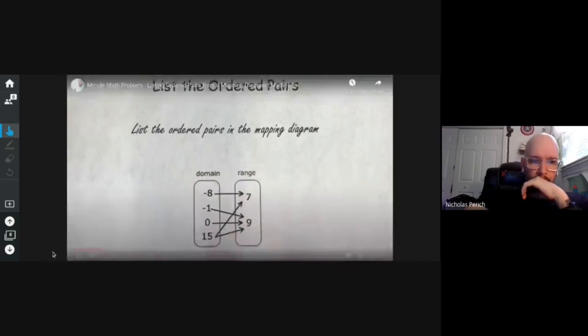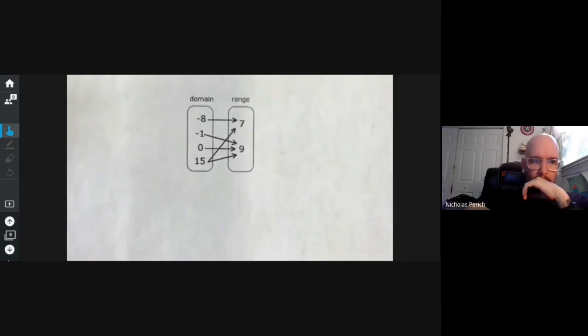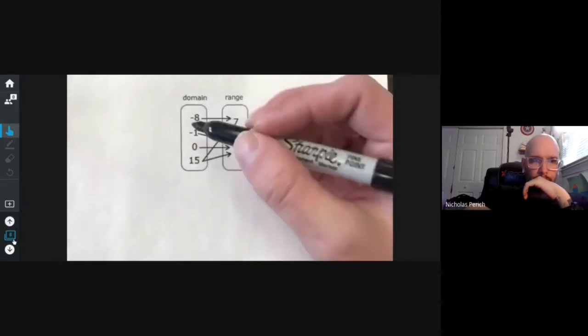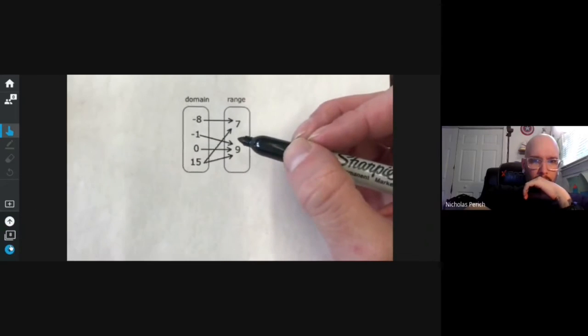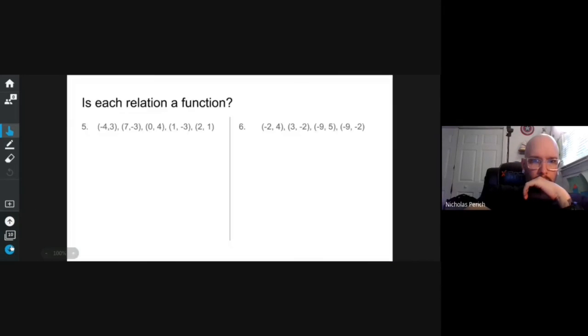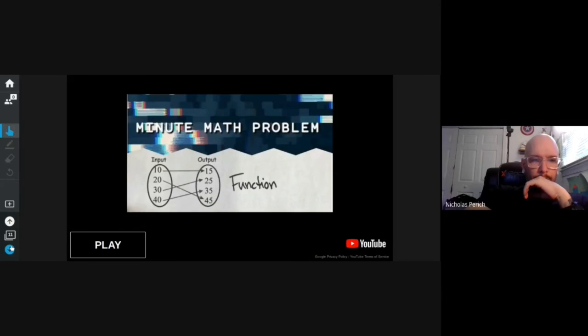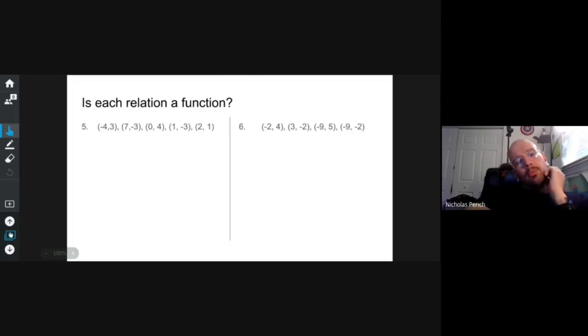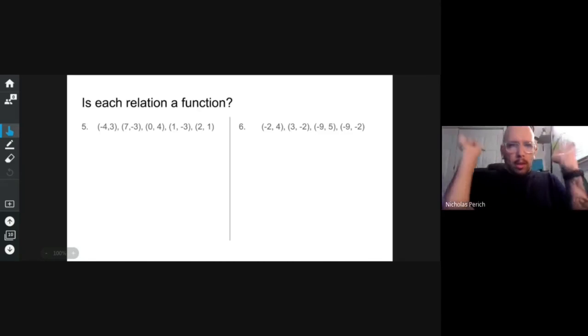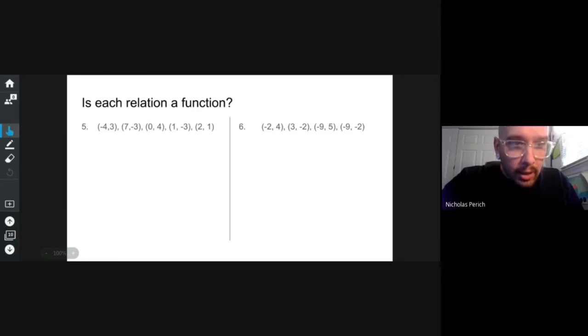I have a mapping diagram right here, and in this mapping diagram, I have 4 members of the domain, 3 members of the range. That's the wrong video. Oh, well. Let's go back and try to understand it again.